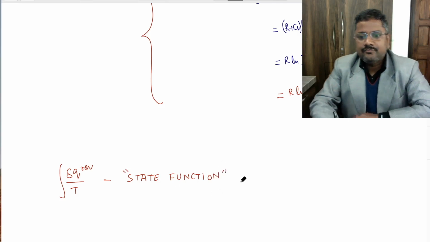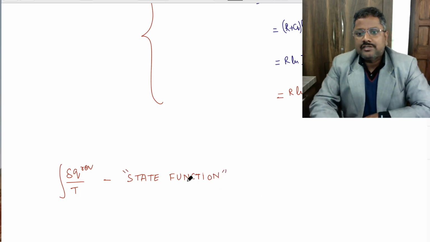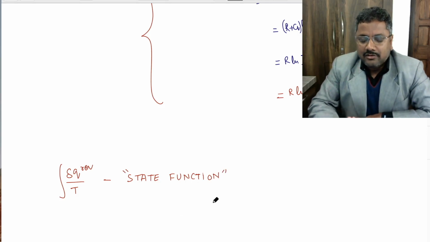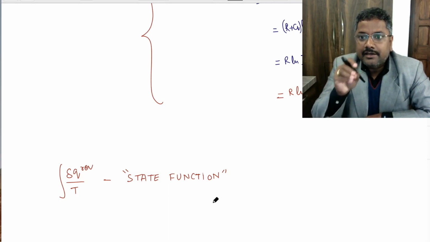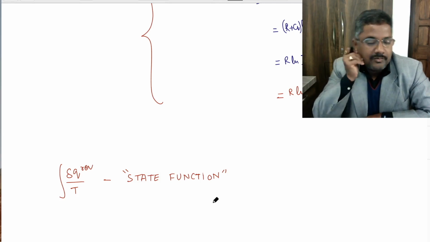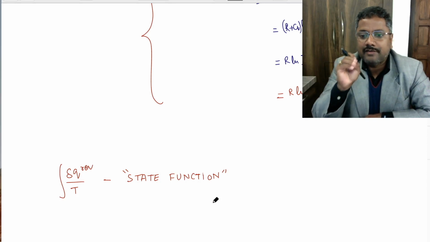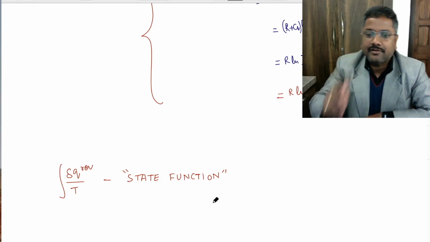And now I am disclosing that function, but I am not going to discuss it right now. This function is basically called entropy. From here, we develop the definition of entropy: Q reversible by T. So this is a state function.